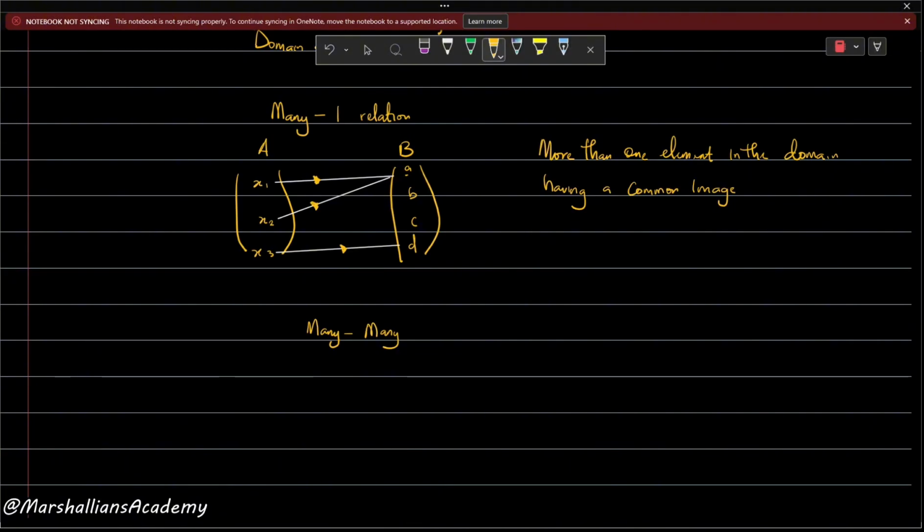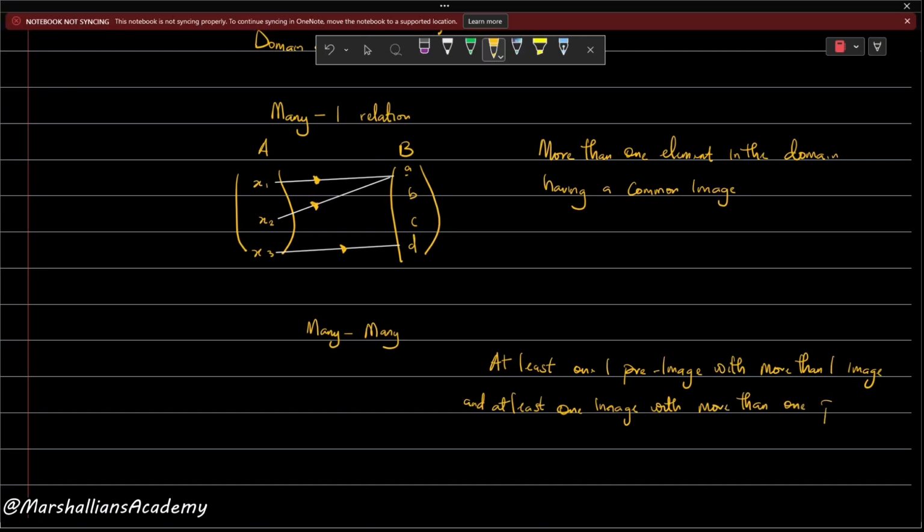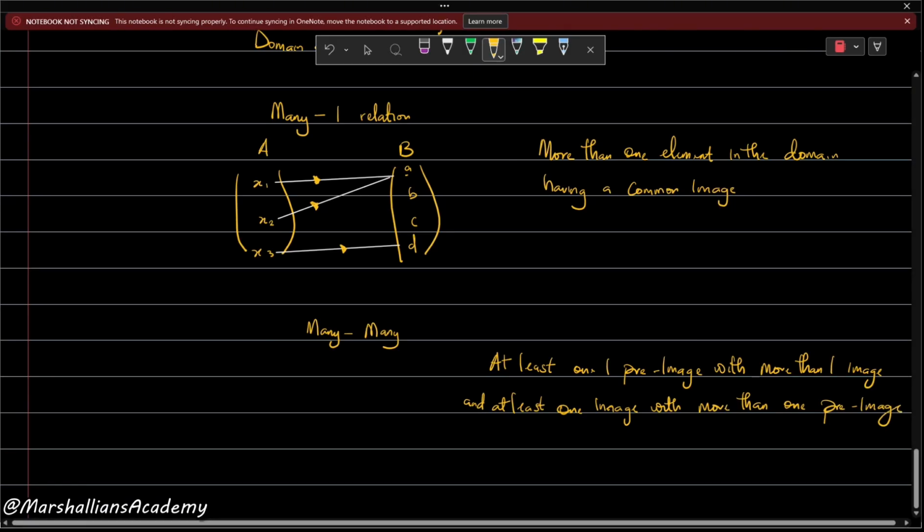Let me write it for you: at least one pre-image with more than one image, and at least one image with more than one pre-image. And that is basically what relations are about.